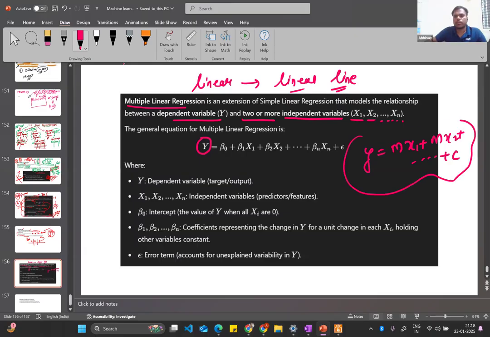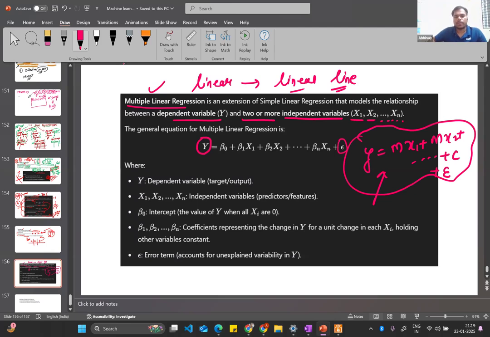You can also add one more term, that is your error. This will be the equation of the line when we are dealing with multiple linear regression, or multilinear regression.